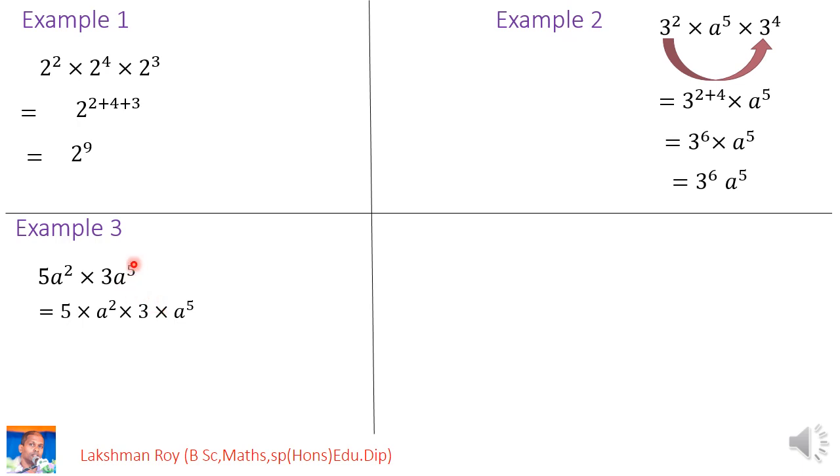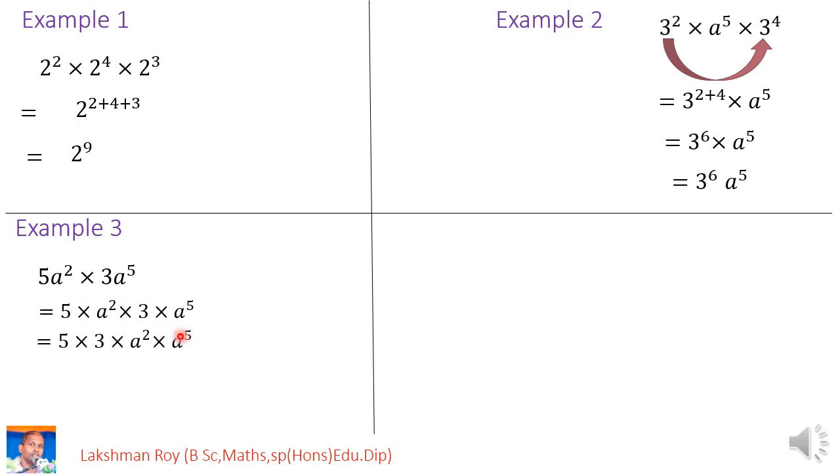This index 5 belongs to a only. Now you can take the product. 5 and 3 are numbers, so those you can multiply like numbers. a to the power 2 and a to the power 5 are powers with the same base a, so those can be multiplied using the index law.